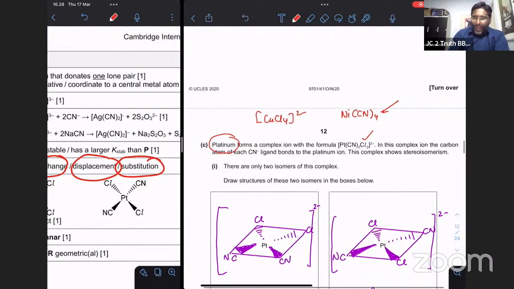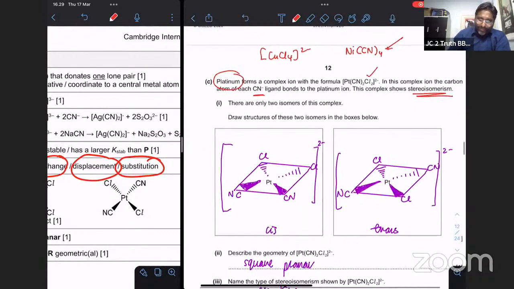In this complex, the carbon atom of the CN is going to bond with the platinum. The complex shows stereoisomerism. We have two types of stereoisomerism: geometrical isomerism, which is cis and trans, and the other one, optical isomerism. In this case, there are only two isomers of this complex.